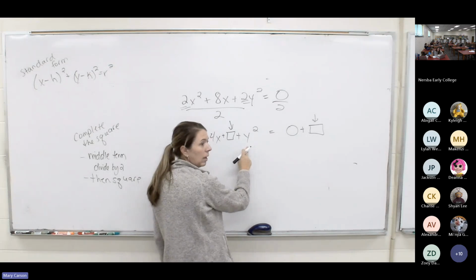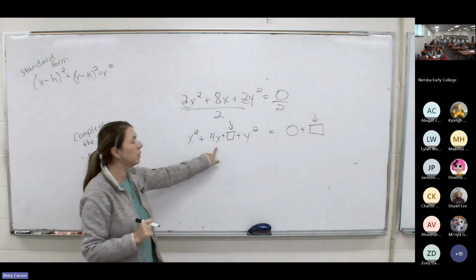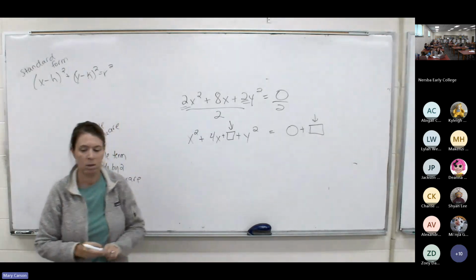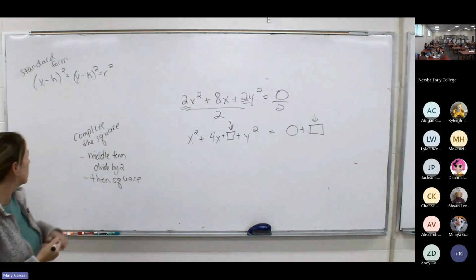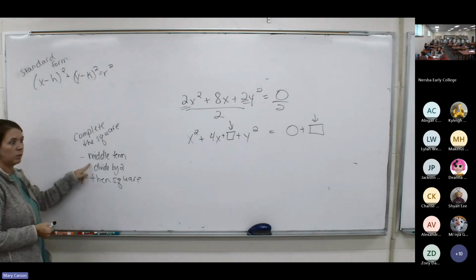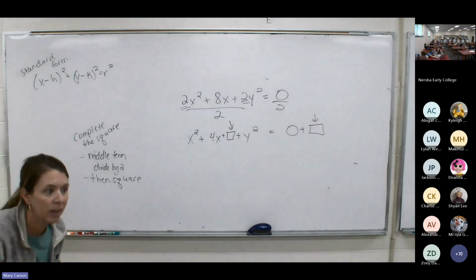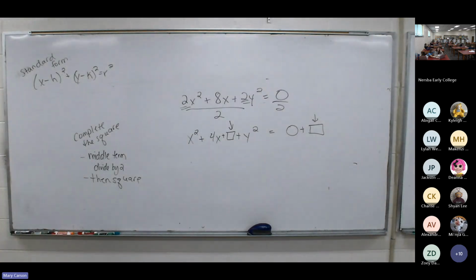Y equals 0. Yeah, this value is going to be 0, so we don't have to do anything with that one. So you guys just need to complete the square on this one, okay? I'll give y'all a few minutes to try. Remember, these are the rules. You take the middle term, which is what on this one? 4. And then you divide it by 2, and then you square it. And that is going to be the number that goes in the boxes.